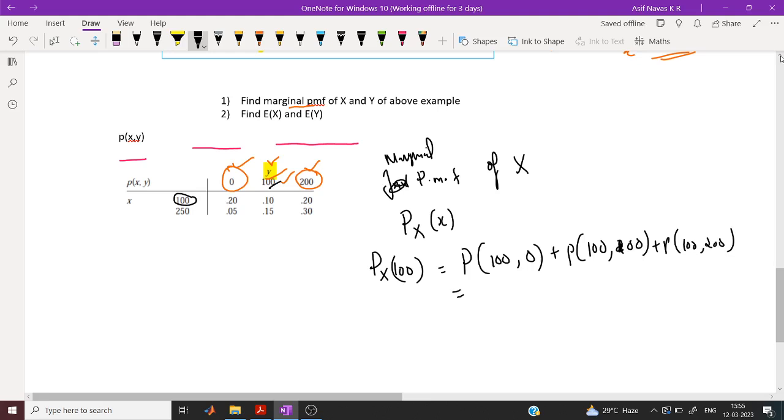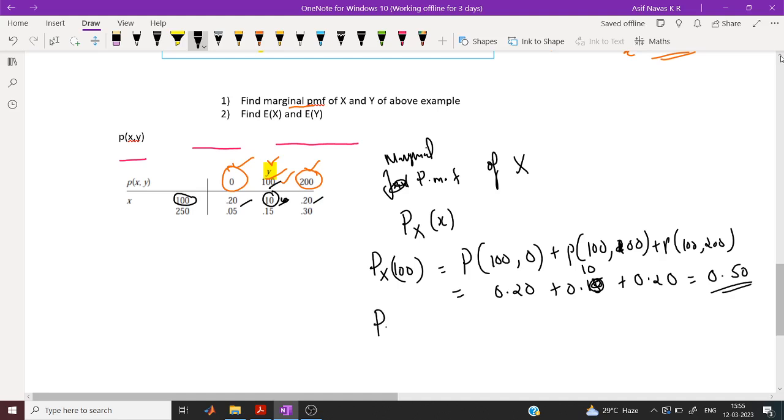So the answer is 0.20 plus 0.10 plus 0.20, so the answer is 0.50.